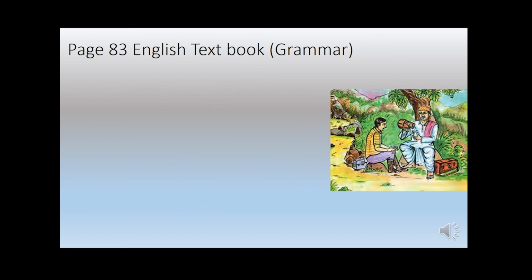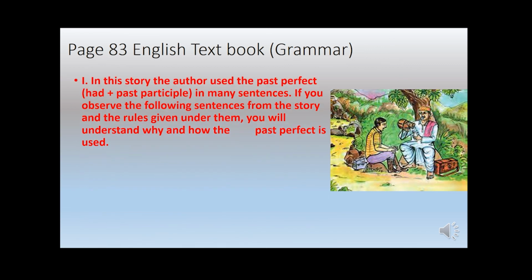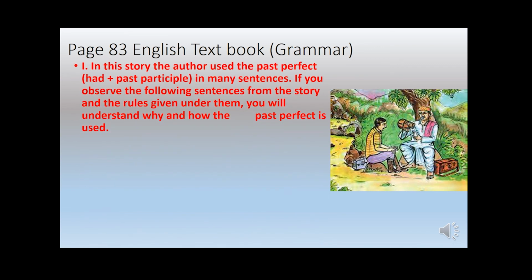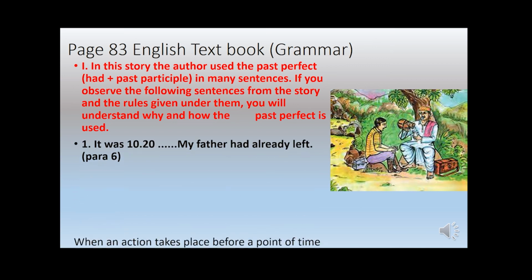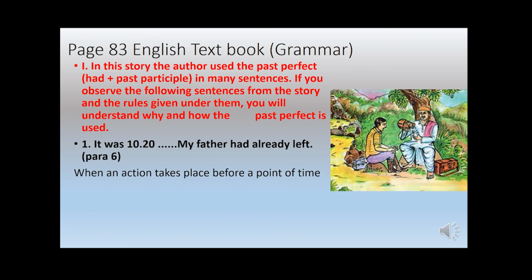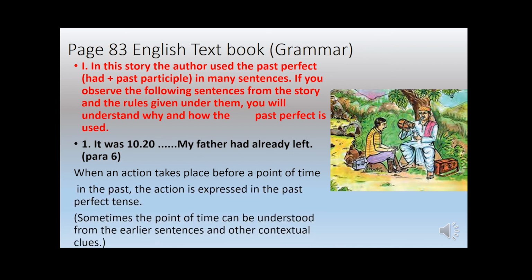Okay, children, let's move to our textual grammar part and observe the sentences given in the text. In this story, the author used the past perfect, had plus past participle, in many sentences. If you observe the following sentences from the story and the rules given under them, you will understand why and how the past perfect is used.